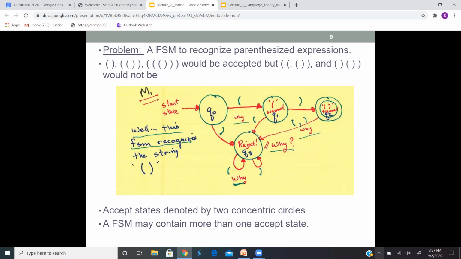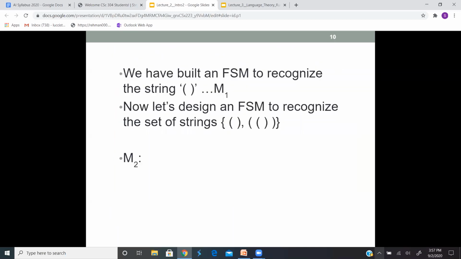To accept means anytime a string comes in that's in a particular language, the algorithm says yes. It doesn't really talk the way we're talking, but it ends up in a doubly circled state, and that means yes.